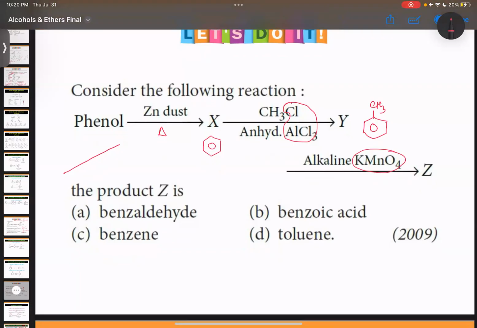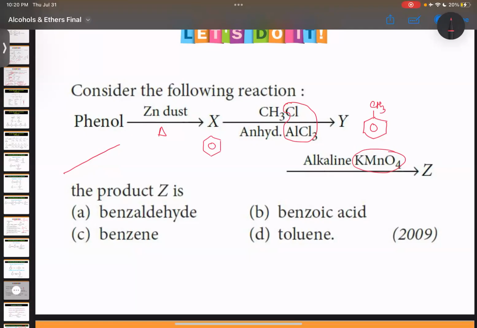No, benzaldehyde can be oxidized further, that we have seen. Because with this strong oxidizing agent, you are not going to stop at aldehyde. One step more, aldehyde can further get oxidized to carboxylic acid.